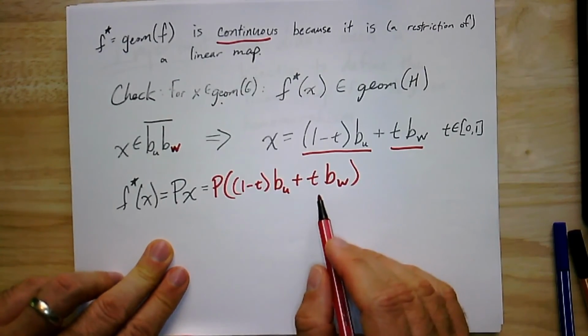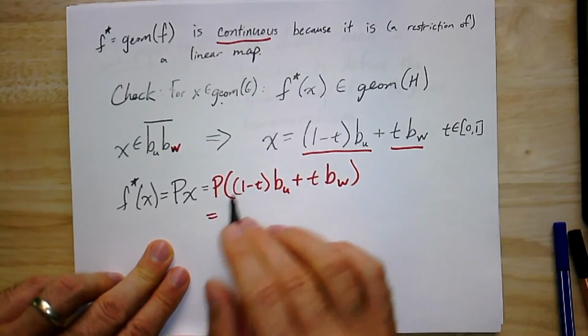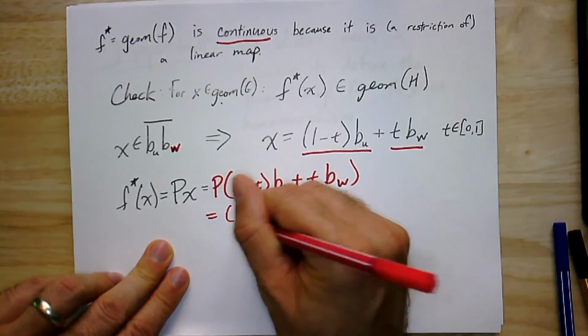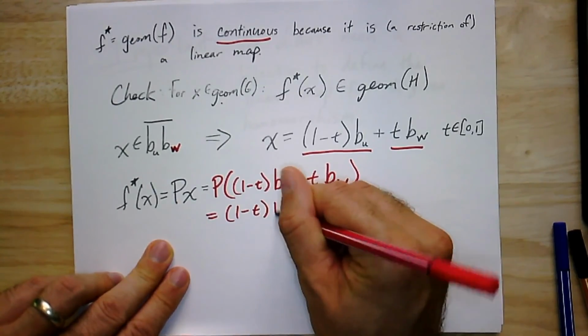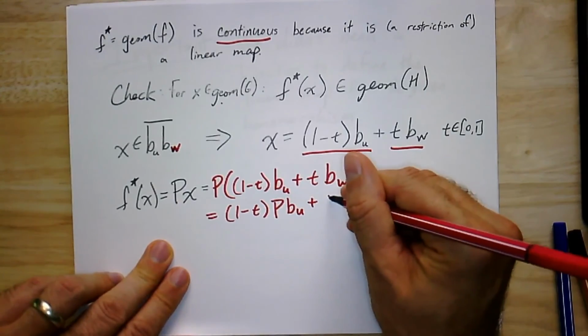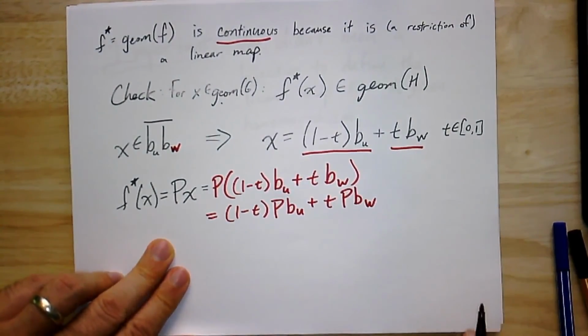And the wonderful thing about linear functions, in fact the definition of linear functions, is that it's going to distribute over this addition. So I can rewrite this whole thing as 1 minus t times P b_u plus t times P b_w.